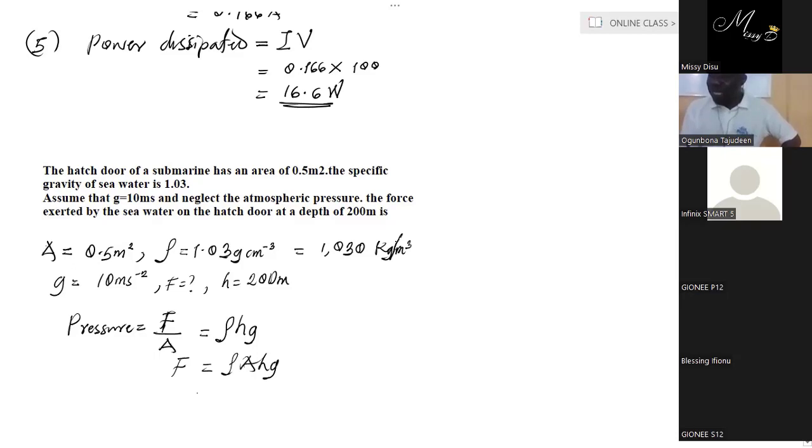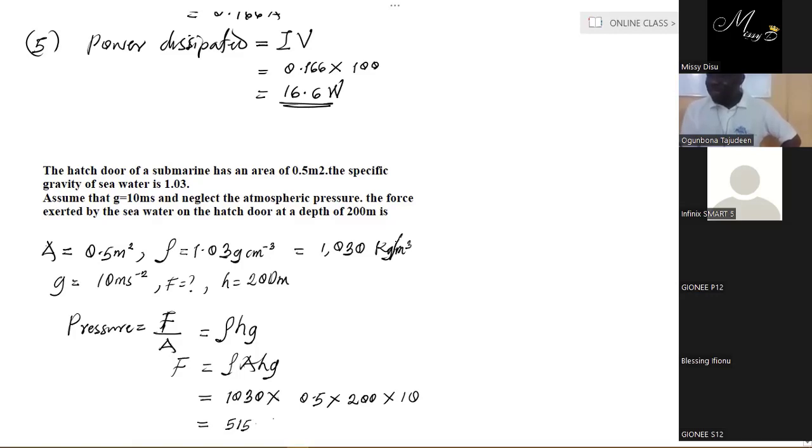Just cross multiply and you get your answer as 1,030 times A, which is 0.5, times H, which is 200, times G, which is 10. And with that, we can see that this is 515 times 2,000.